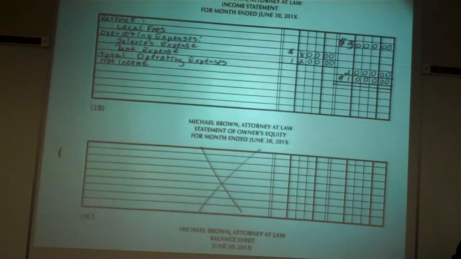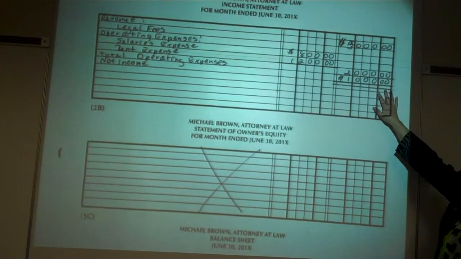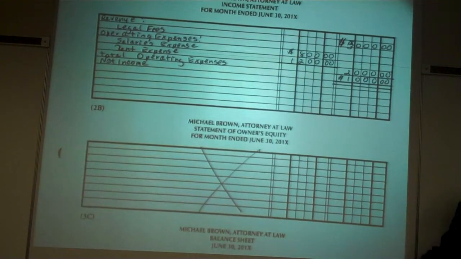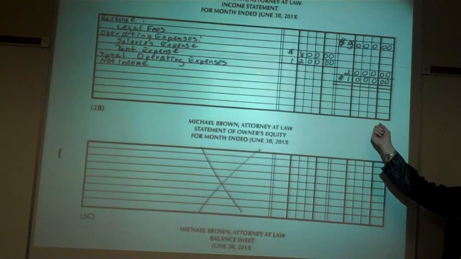So we're going to do it paper and pencil. A friend of mine teaches over at UTSA in the accounting department. And she said, we've gone back to paper and pencil. We were doing it all on the computer. And students don't have any idea what they're doing. The computer does it for you, doesn't it? But unless you know what that computer's doing for the income statement, do we know where these numbers are coming from?